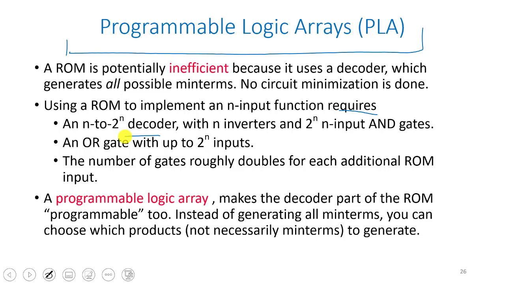You need n inverters and 2 to the power n input AND gates. So if I'm using 10 bits, then I need 1024 AND gates. Each AND gate has 10 inputs, which becomes extremely expensive.